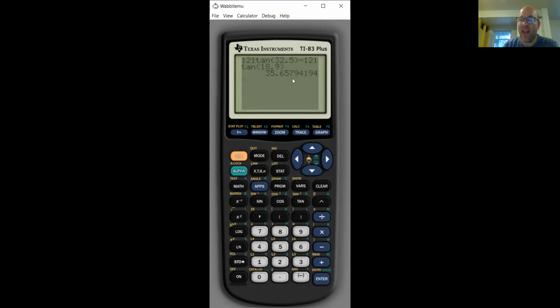Going back to the problem, it said round to the nearest tenth. So that 5 makes us round up, and we get about 35.7. That is a distance, and everything else was measured in feet, so that's also measured in feet. I'm going to double check that.